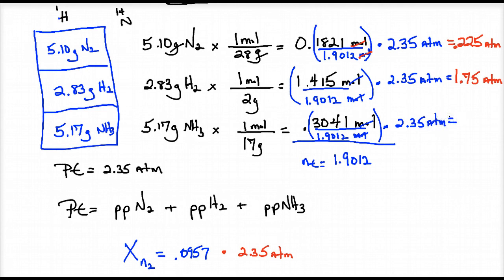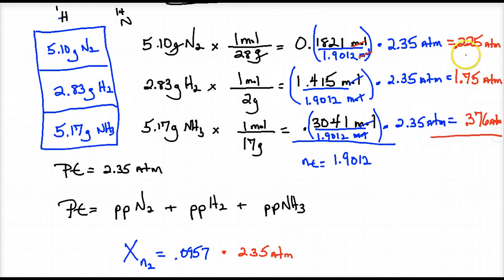So what we got? 0.3041 divided by 1.9012. The mole fraction is 0.1995, but we just take that number, whatever we get, times it by the total pressure to find the partial pressure. And we get, in red, 0.37, and we'll do 6 here. And that's, of course, ATM.